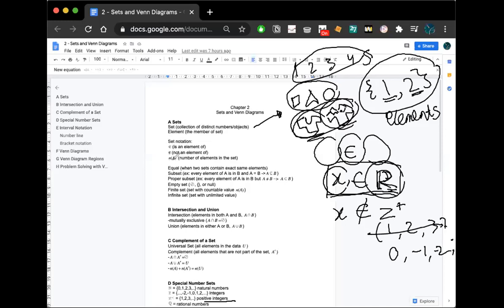And then there's also the symbol n of A, or n of something. The one inside is, in this case, A. This is usually the name of the set.